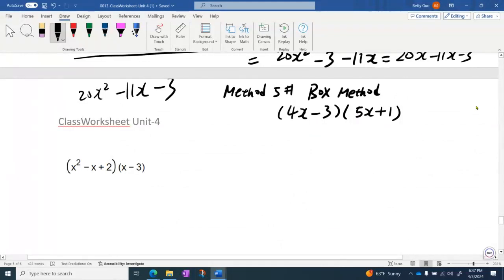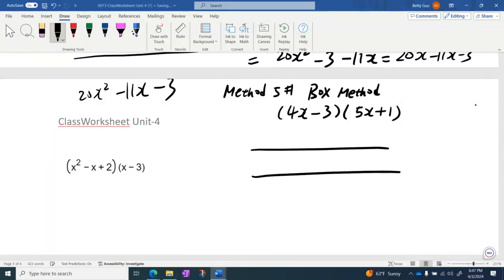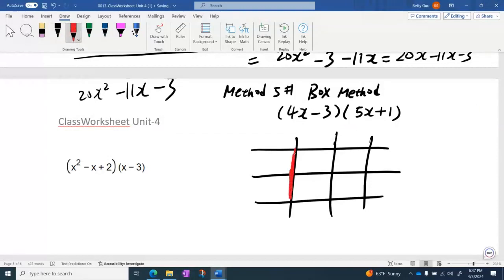Because of that, we know we are going to create a box. The box has 4 cells, 2 by 2. Since this is binomial times binomial, we're going to have a 2 by 2 box. This is the box I'm talking about.